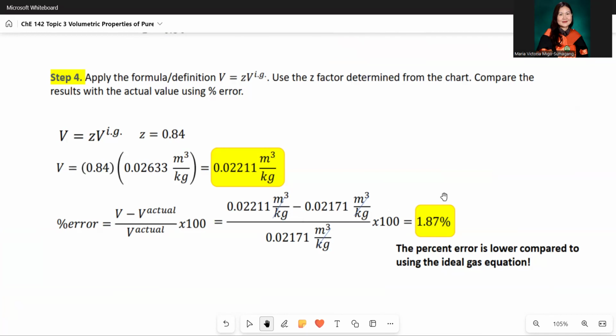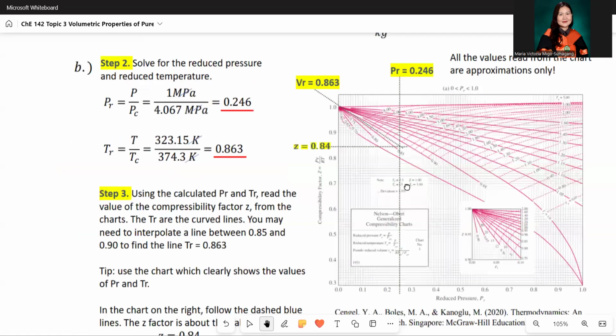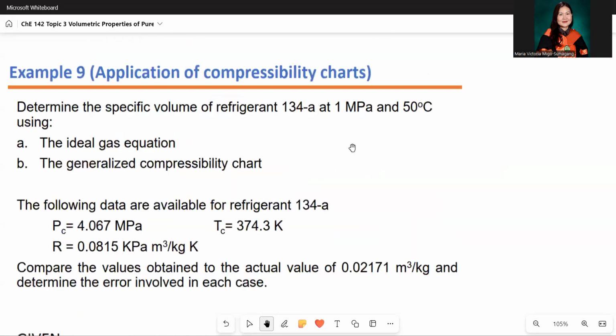It's lower compared to the percent error using the ideal gas equation because, of course, with compressibility charts, we're calculating the real gas volume. So we expect that it will give us a value near the experimental value. Okay, so that ends the solution for example 9.